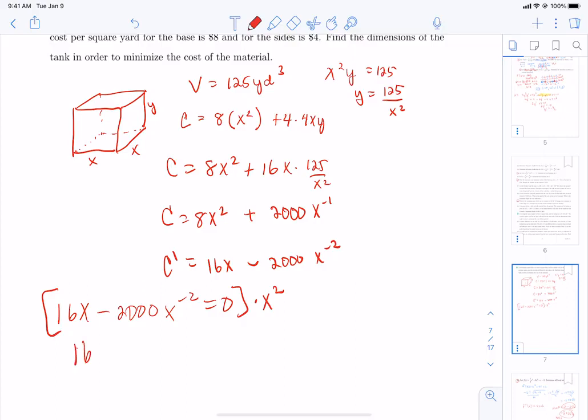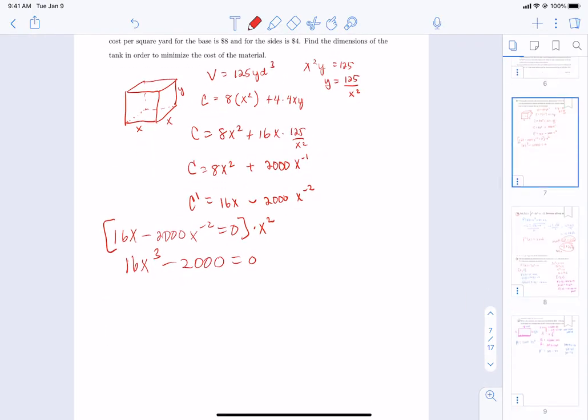And we get 16x cubed minus 2,000 equals 0, which is easy to solve. So how do we solve it? Well, get the 16x cubed by itself, divide by 16. 2,000 divided by 16 is 125. So x is the cube root of 125, or 5.